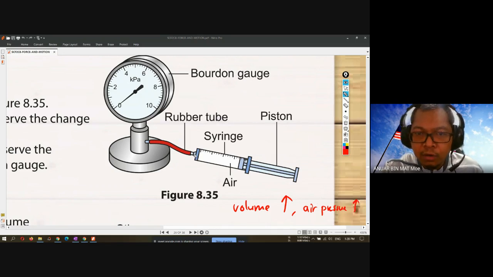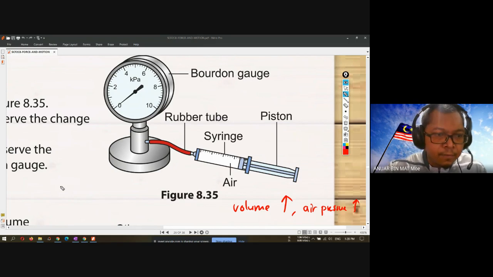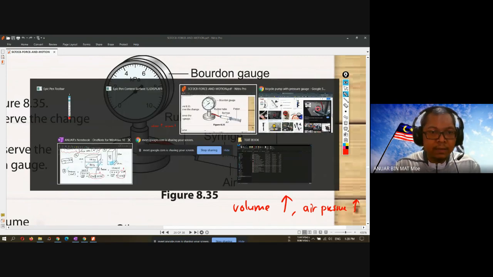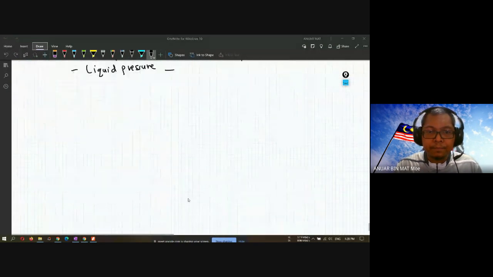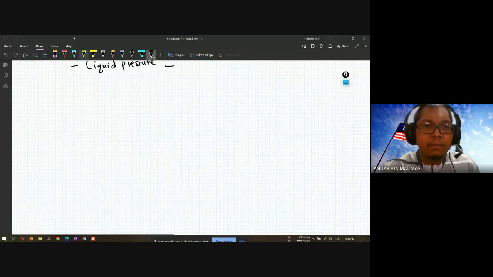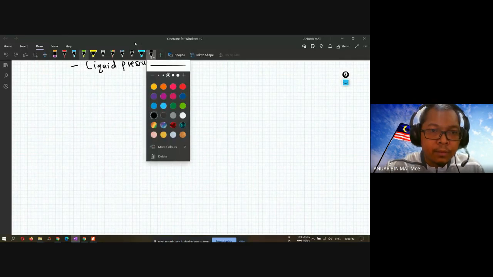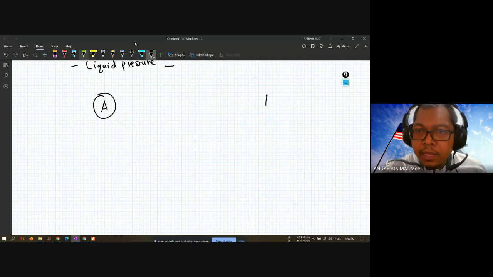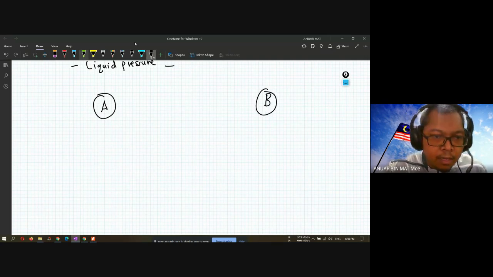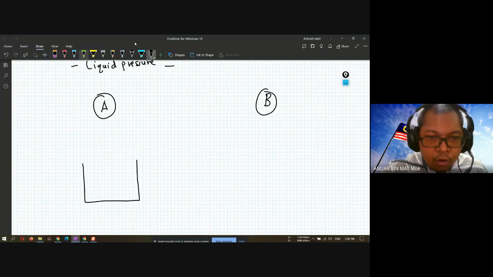Okay, if I can draw the air pressure over here, for example, this one. I just draw another one here lah. Okay, for example, right here. So this is A, and then this is B, right? This is an identical container.